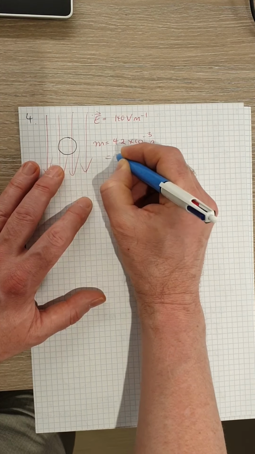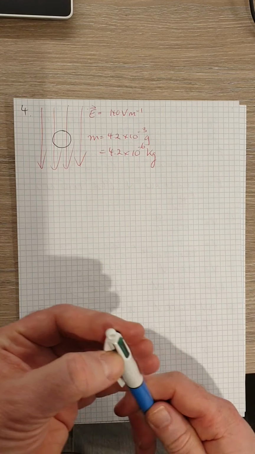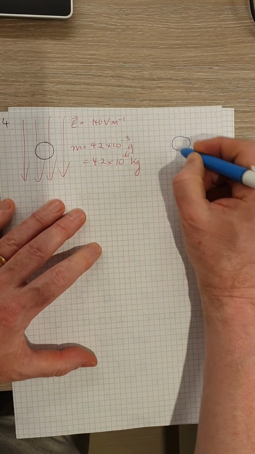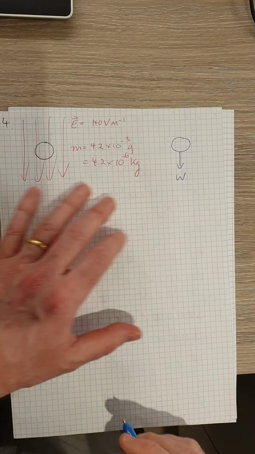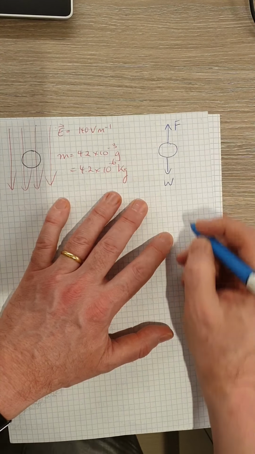That's equal to 4.2 by 10 to the minus 6 kilograms. And we're looking for the charge. Now what that means is, because the drop is suspended, we have the force downwards due to its weight, and we've got the electrostatic force upwards from the electric field.